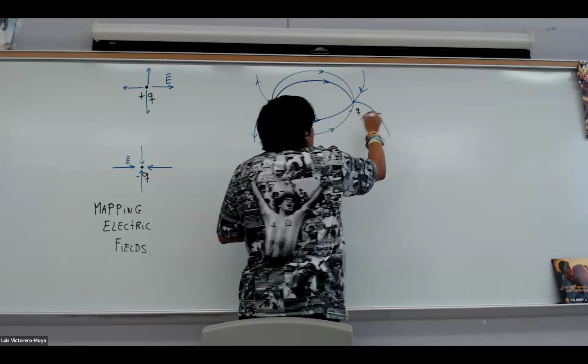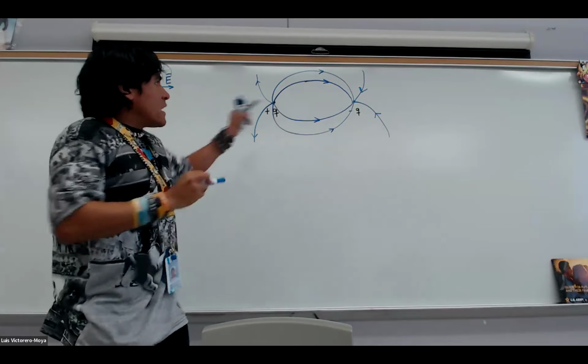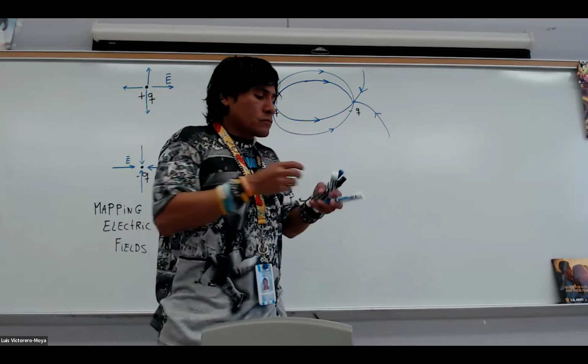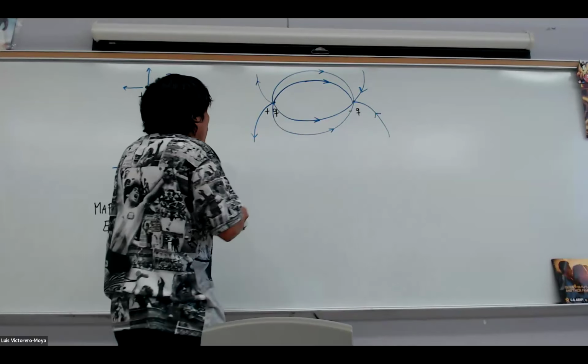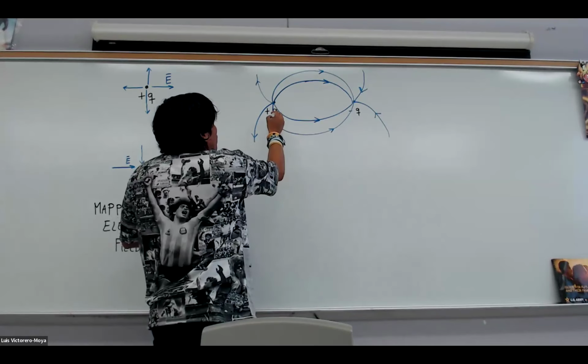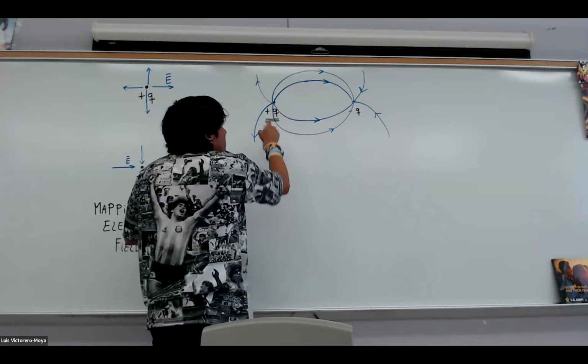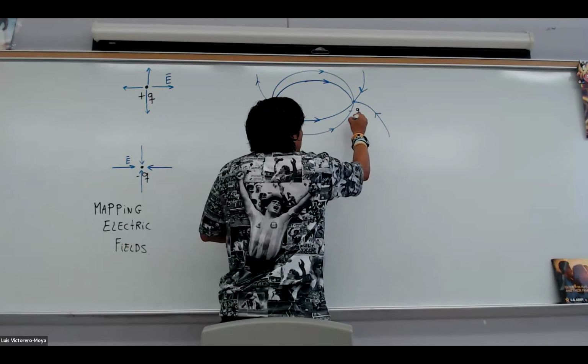So because they both have the same magnitude of charge, Q and negative Q, the amount of lines leaving this one has to be the same as the amount of lines entering here.